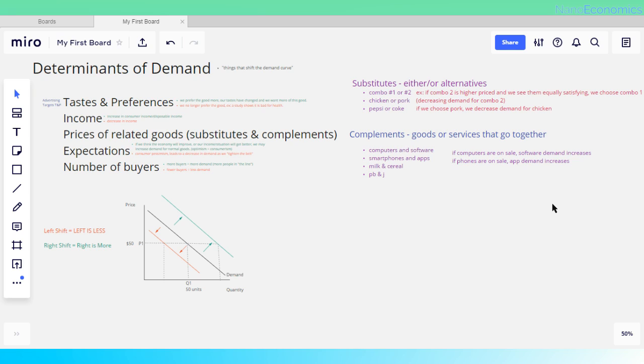So what we're looking at today is determinants of demand, things that shift the demand curve. Those 5 determinants of demand are tastes and preferences of consumers, so that's where advertising comes into play; income; the prices of related goods and substitutes; our expectations in the market for ourselves and the economy; and then the number of buyers as well.